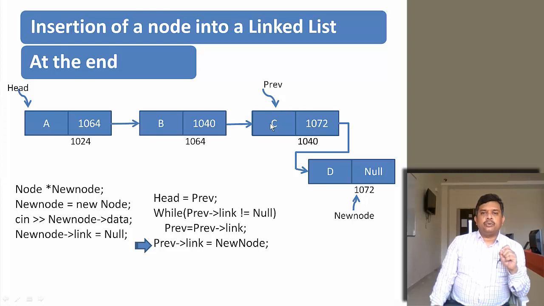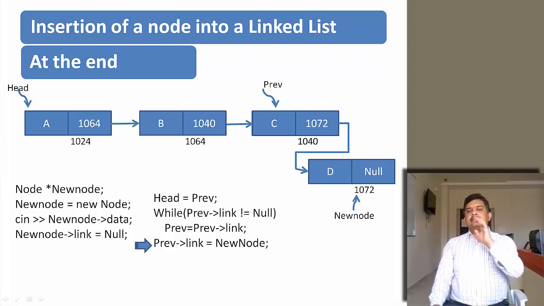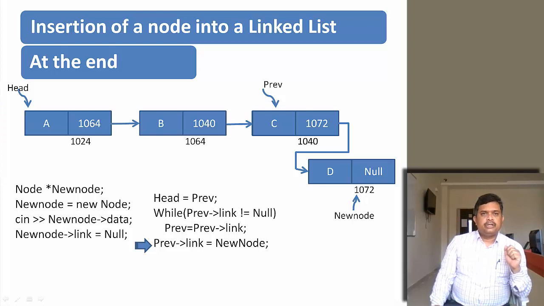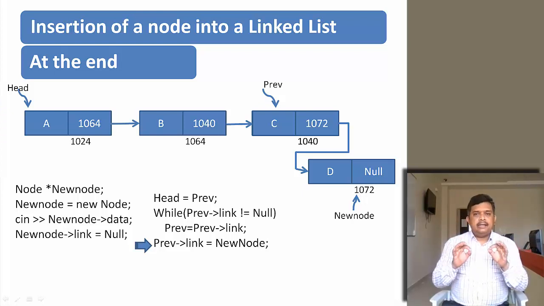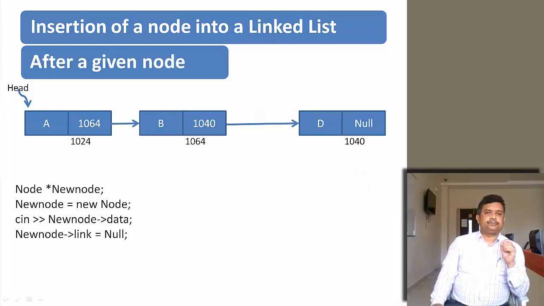So the last node's link earlier was null. Now after addition of this new node, the link contains the address 1072, and at 1072 I will have the new node containing data D and its pointer pointing to null, indicating that this is the last node. So this is how I can add a node at the last of a given singly linked list.